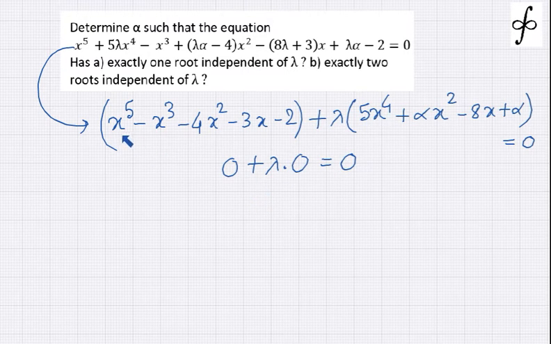So the value of x that you choose here and the value of x that you choose here for getting a 0 should be the same, because we should be putting the same value of x here and here.